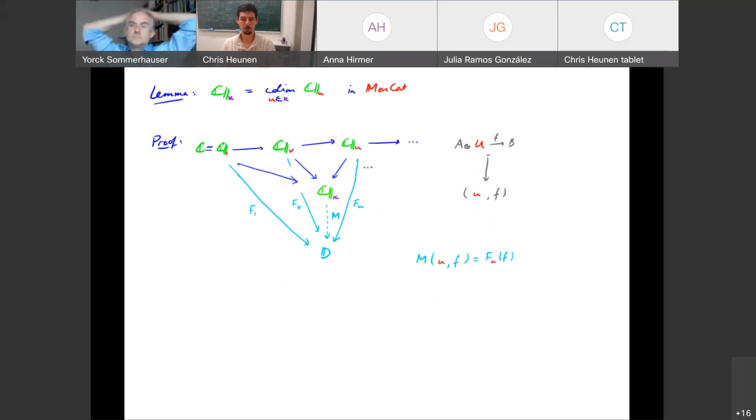So in other words, I have to prove that Cx is a colimit of the Cu with U ranging over all neighborhoods of X. The colimit is to be taken in the category of stiff monoidal categories. Right, so I have to prove that this thing is a colimit. So first of all, I have to find the co-cone. So the diagram is over the top line of blue arrows here.